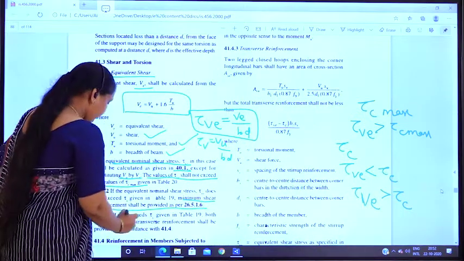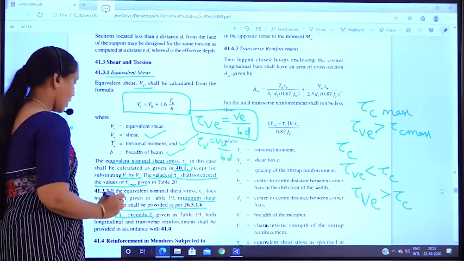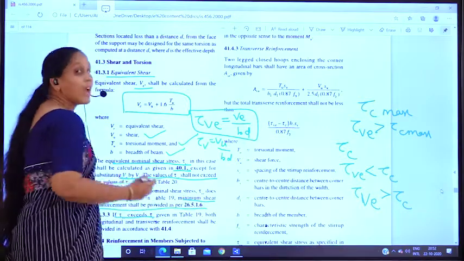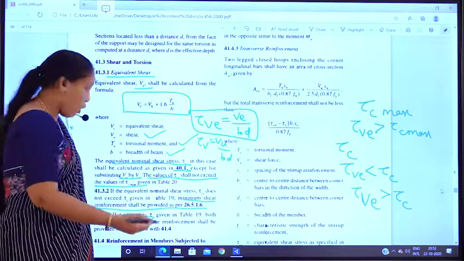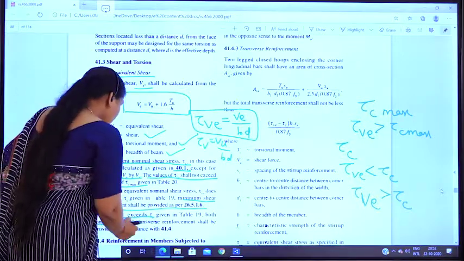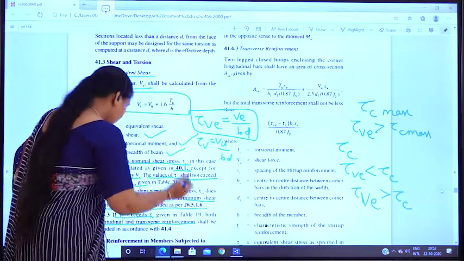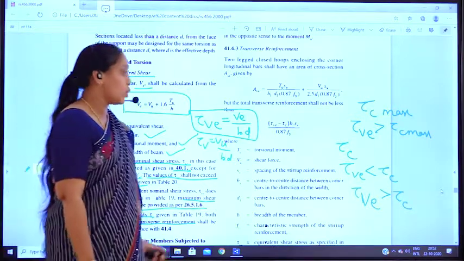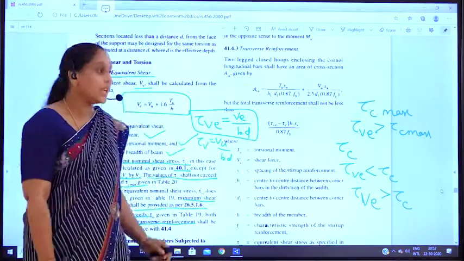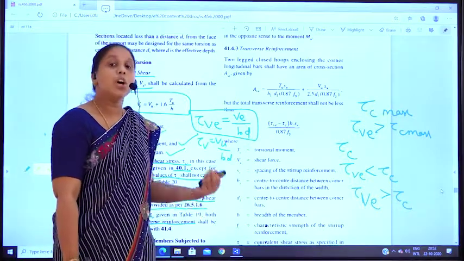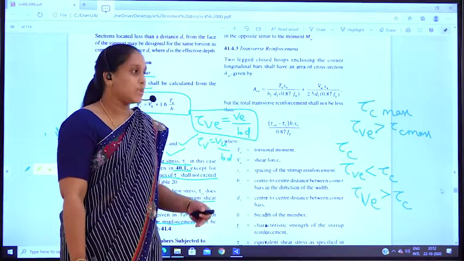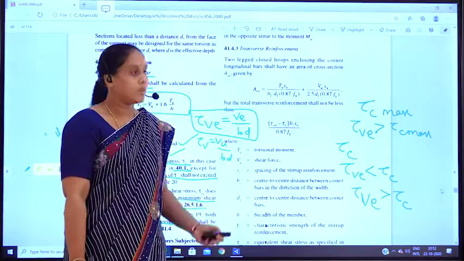If tau VE exceeds tau C, then we have to provide the torsional reinforcement in the form of longitudinal and transverse reinforcement. So if tau VE is greater than tau C, we have to provide the torsional reinforcement in the form of longitudinal bars as well as transverse bars.